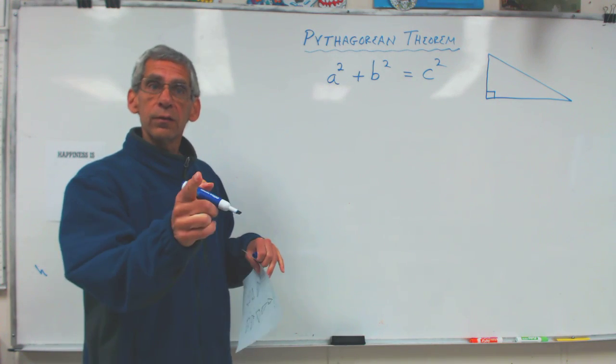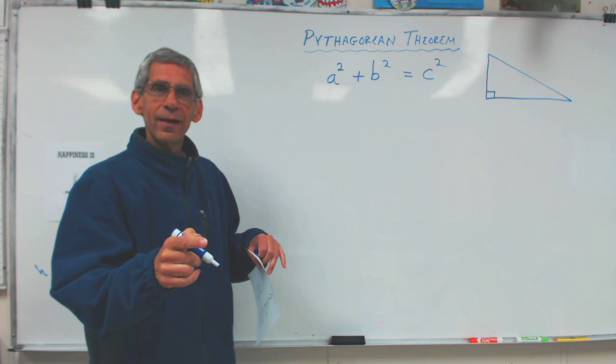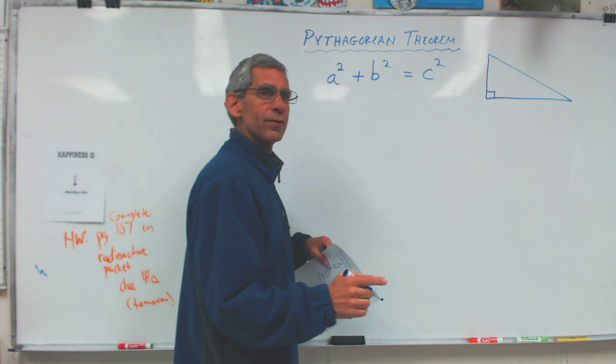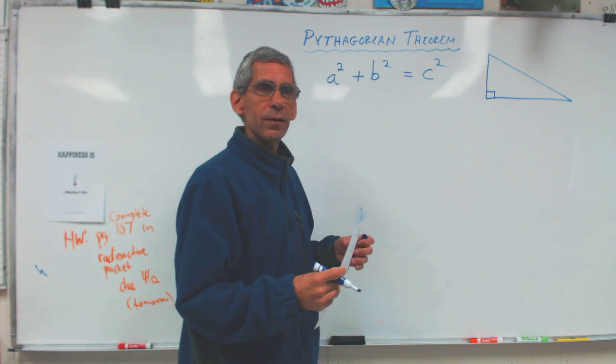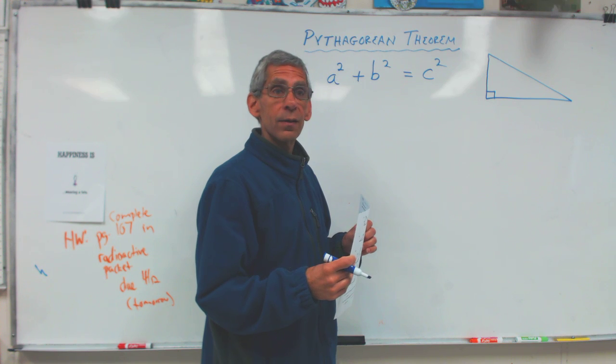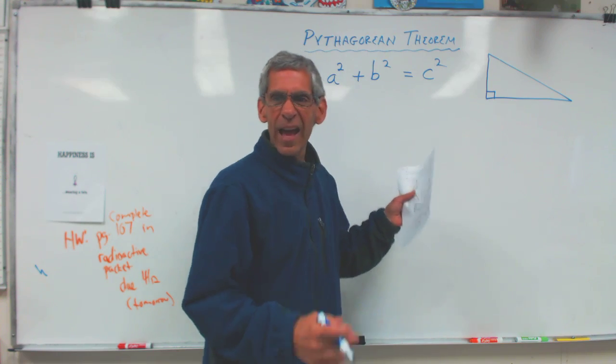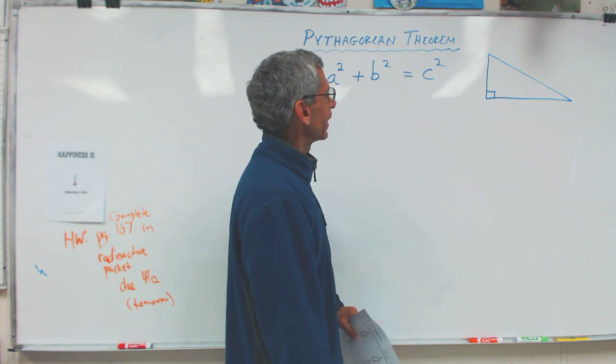90 degrees. Yes, it's a 90-degree angle. Right on. They say it's a right angle, but why is it on the left? That right angle is on the left. Good question.